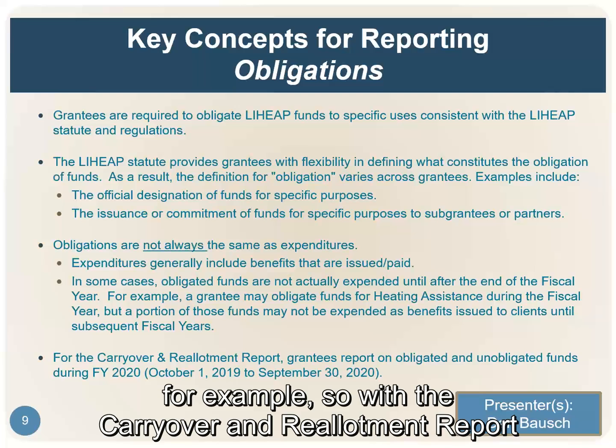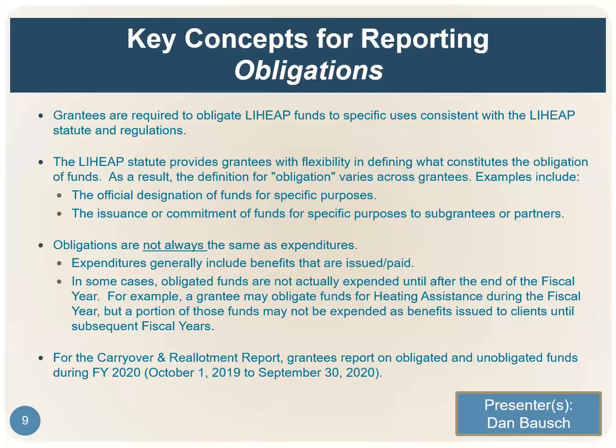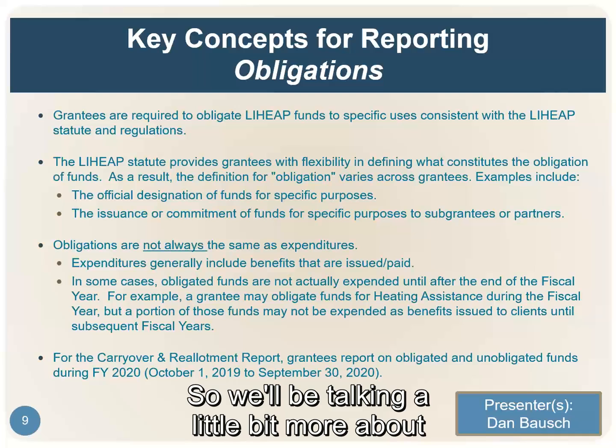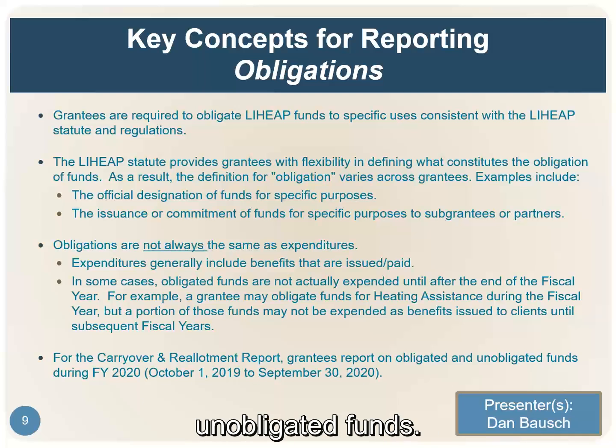So with the Carryover and Reallotment Report, the focus is always on obligations. So we'll be talking a little bit more about what you're asked to report for obligations and unobligated funds.